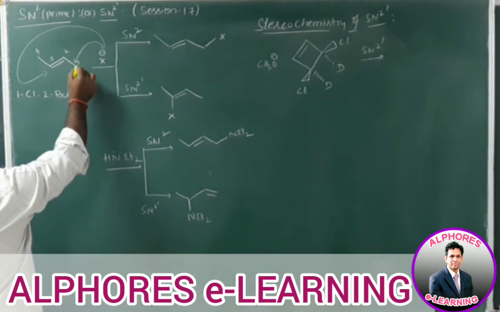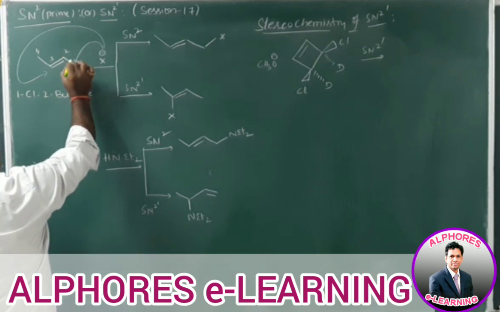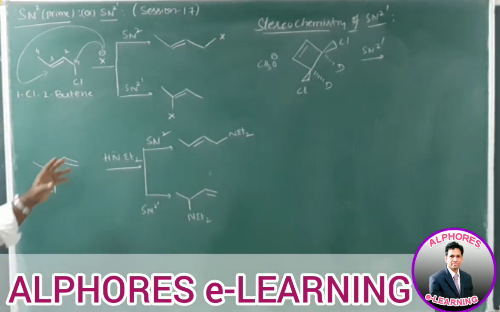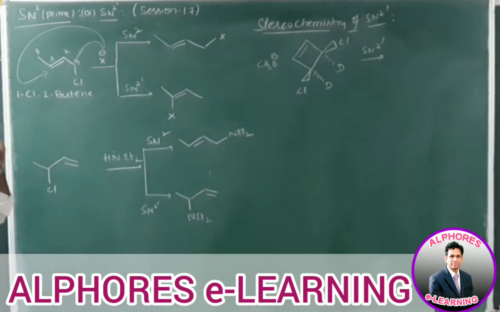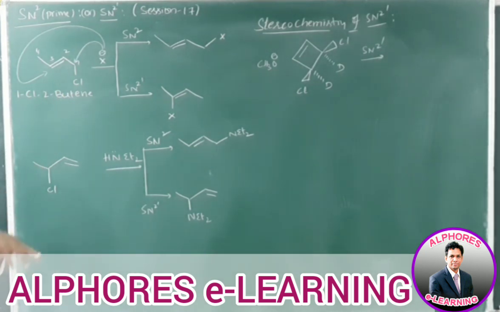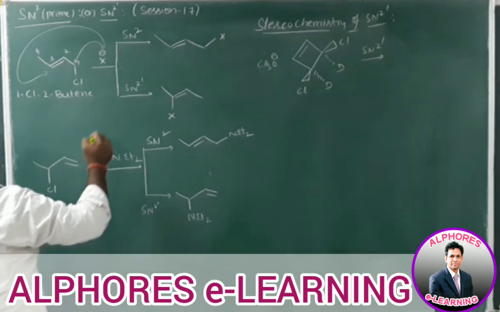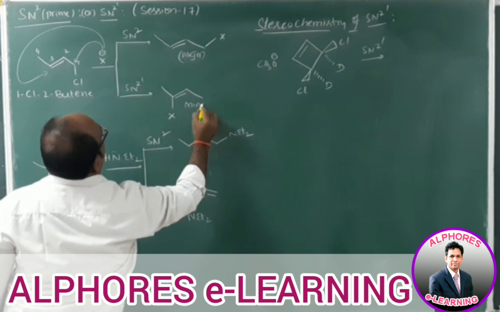The first carbon is attached to only one alkyl group, meaning relative steric hindrance at the first carbon is less compared to the third carbon. That's why the approaching nucleophile preferably approaches the less hindered carbon. That's why here the SN2 product is major, whereas the SN2 prime product will be minor.